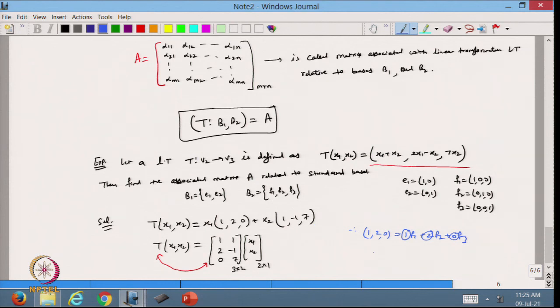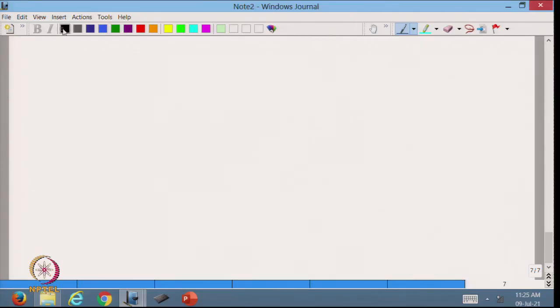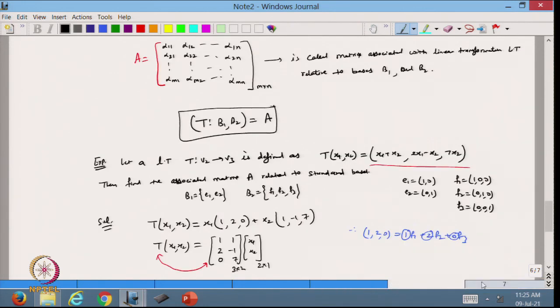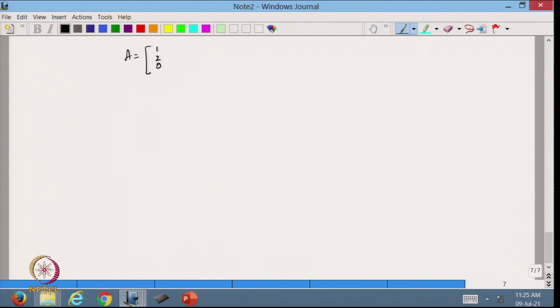So, this is the corresponding matrix to the linear transformation T. My A will be 1 2 0 and 1 minus 1 7, and this will always be 3 cross 2, because our transformation is from V2 to V3. This is my corresponding matrix related to the standard basis.